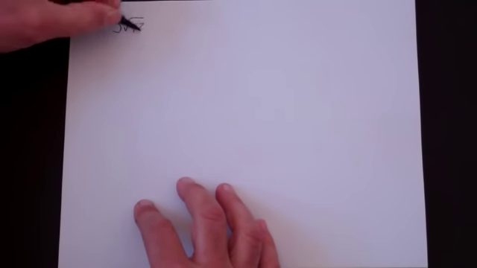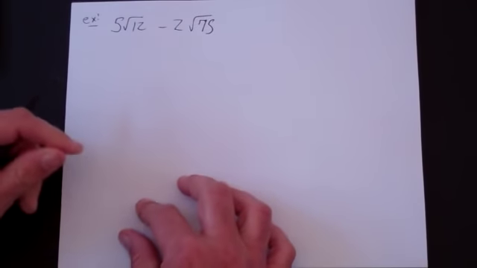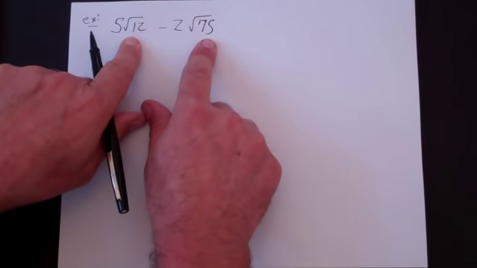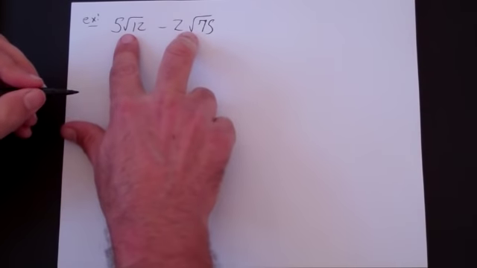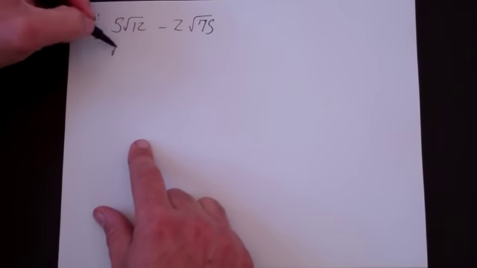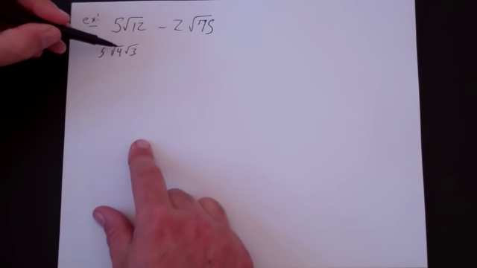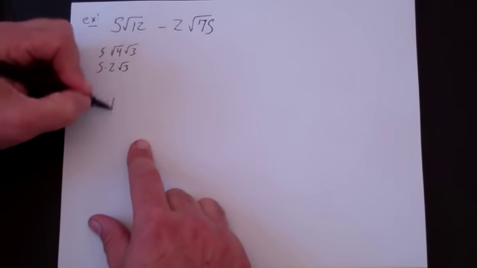Let's look at another example. Let's look at 5 root 12 minus 2 root 75. So first let's see if what's underneath the root's the same. This is a root 12 and root 75. So you can't combine them. So the next step we want to do is we want to simplify both of these. Root 12 would be root 4 and root 3. Root 4 is 2, so that's 5 times 2 root 3, so that's 10 root 3.